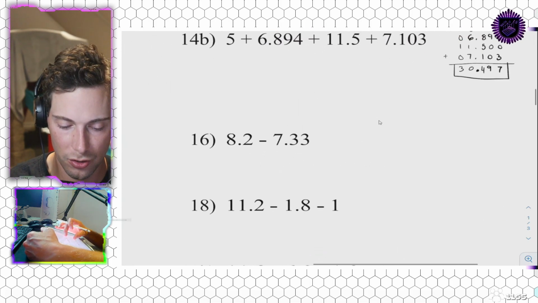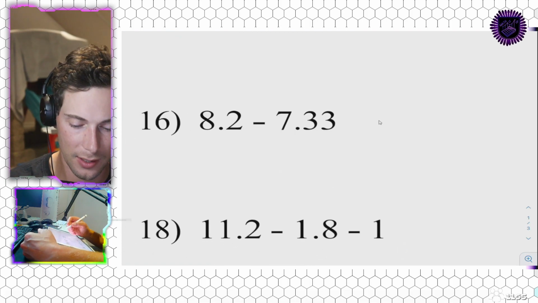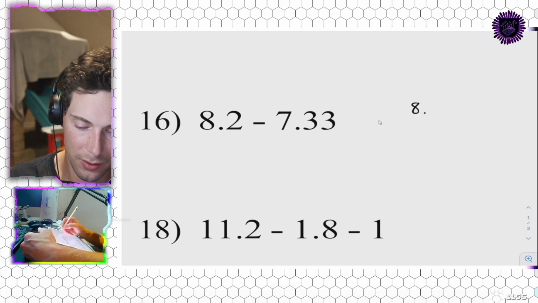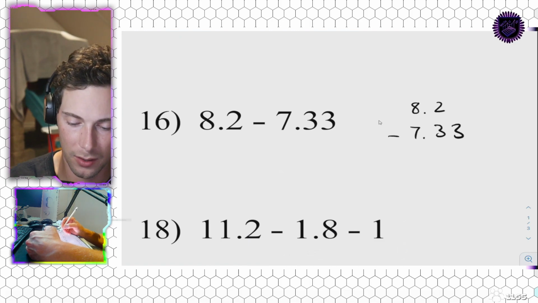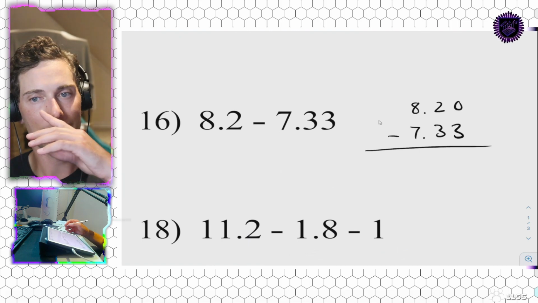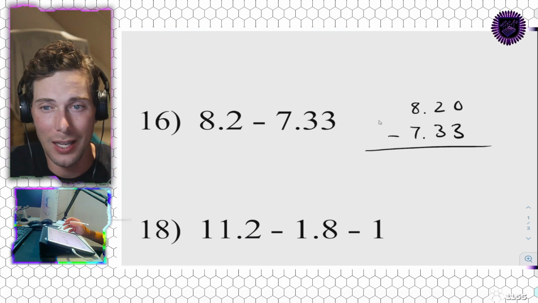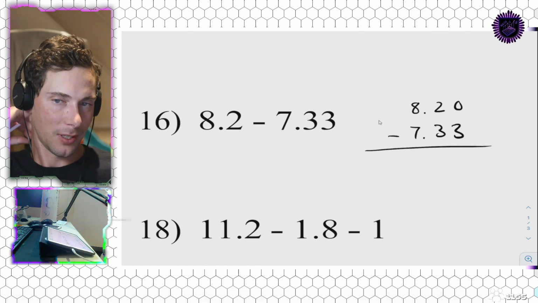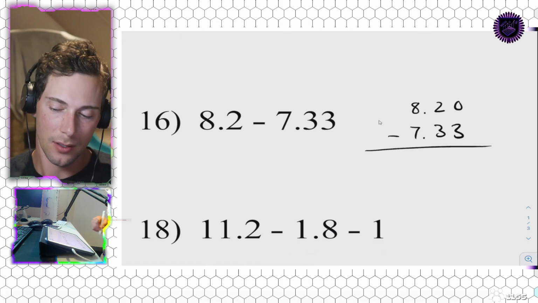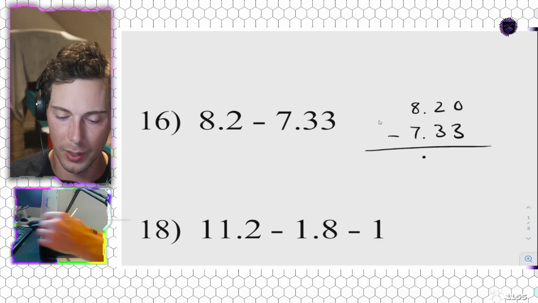Question number 16. Now, so it's going to be a little bit more difficult. Question 16. 8.2 minus 7.33. Going to throw that placeholder in there. 8.20 minus 7.33. Or you can think of it as like 820 minus 733, and then throw that decimal in at the end. But let's just go through column by column and do the math. It involves some borrowing.